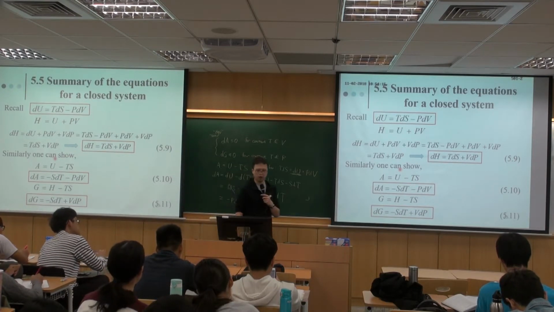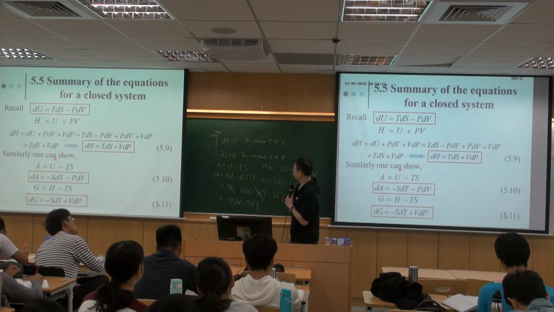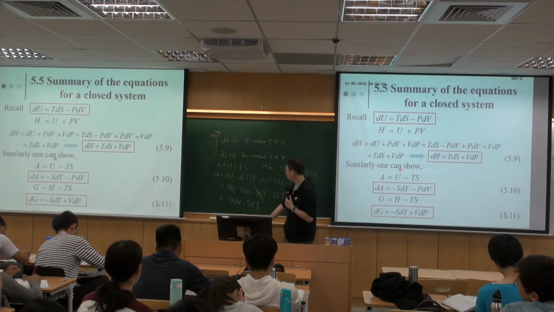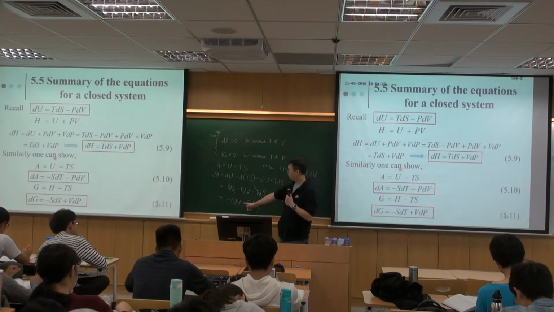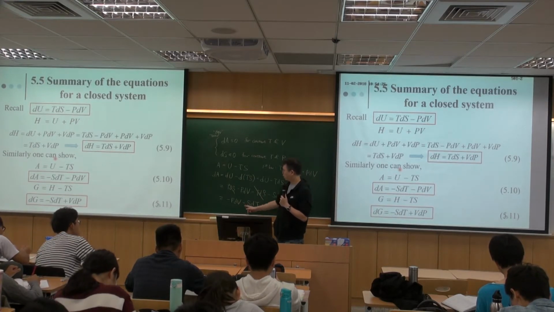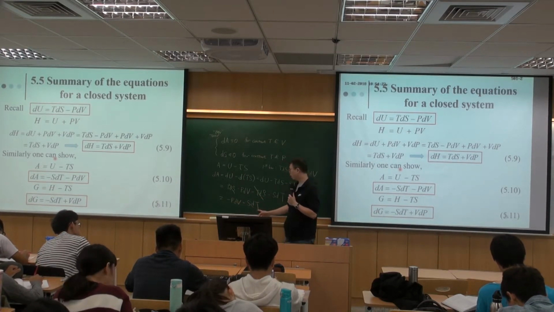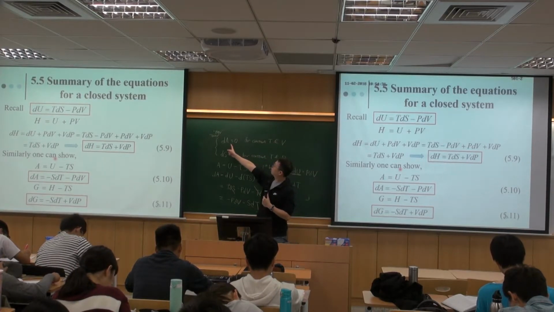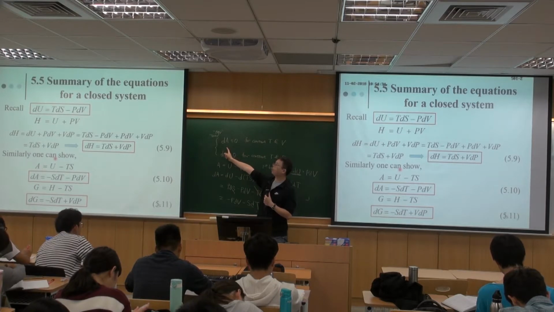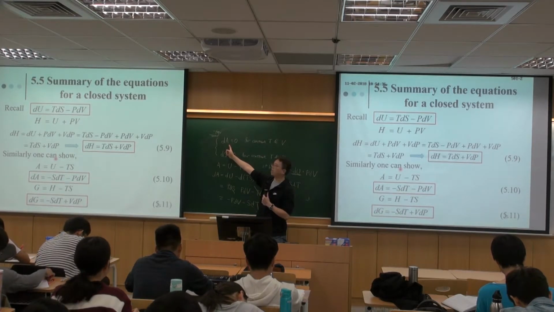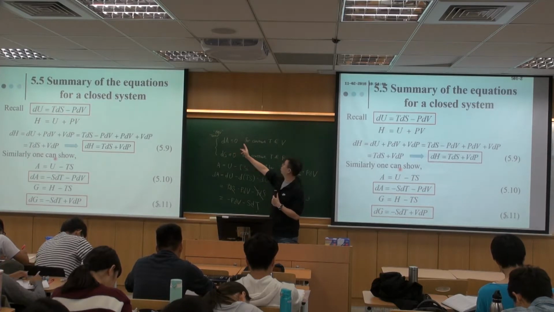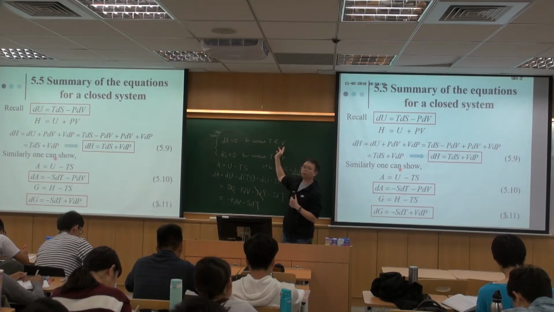So we know that Helmholtz free energy is indeed a function of 2 independent variables, V and T. So recall that when we try to explain this equilibrium criterion, we know that Helmholtz free energy is suitable for constant temperature and constant volume processes.